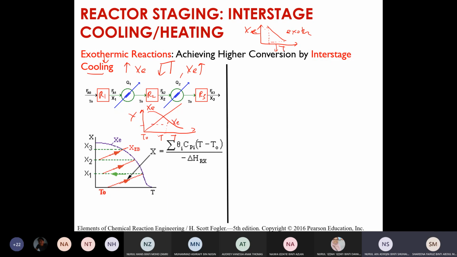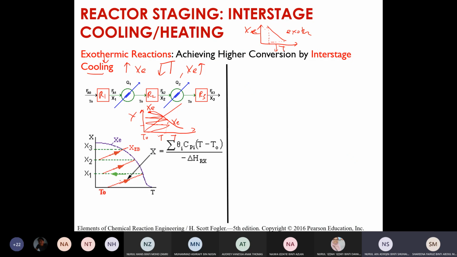That's why we need to introduce interstage cooling, in order to control the temperature. We raise it and zigzag it, in order to reach the highest XE. That's why we introduce interstage cooling.